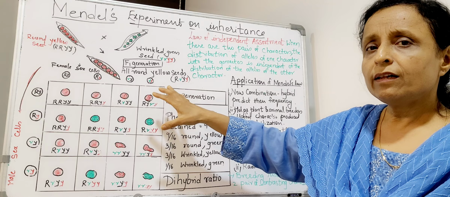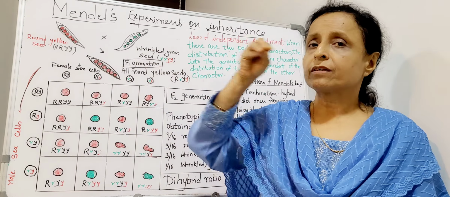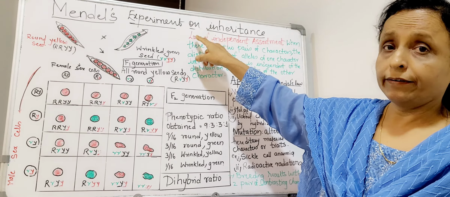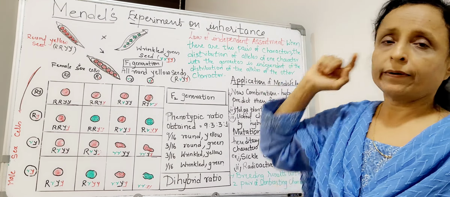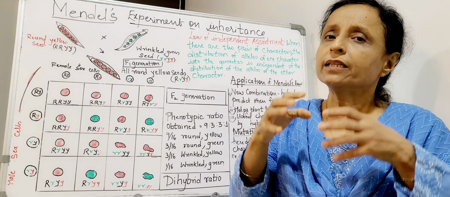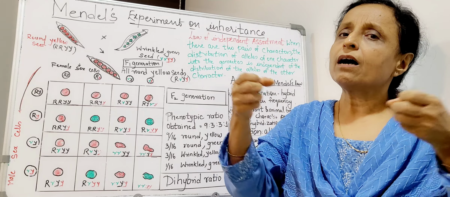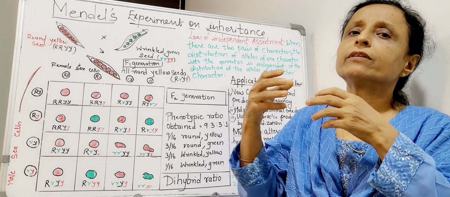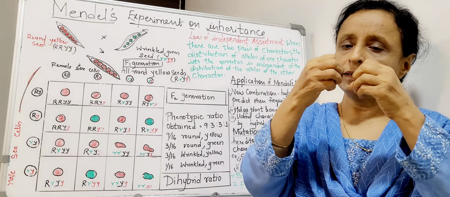So by studying this, Mendel gave the third law of inheritance, that is the law of independent assortment. That means in the gametes, the alleles are assorted, they are differentiated, and the combination, whatever the allele, supposing for my eyes, eyes alleles will be present.